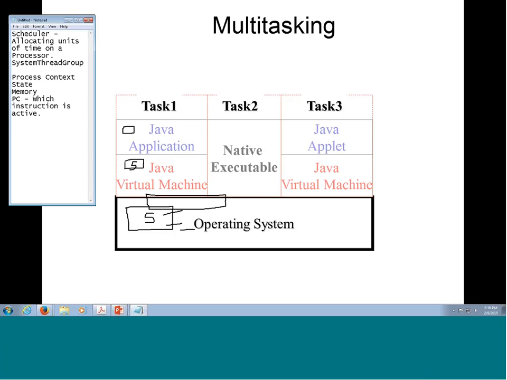When we talk about memory, we have the code segment, data segment, stack, and heap. And all of these things, the program counter and memory, kind of describe the state of a process or its context. Make sense? So the scheduler at the bottom has scheduling algorithms.